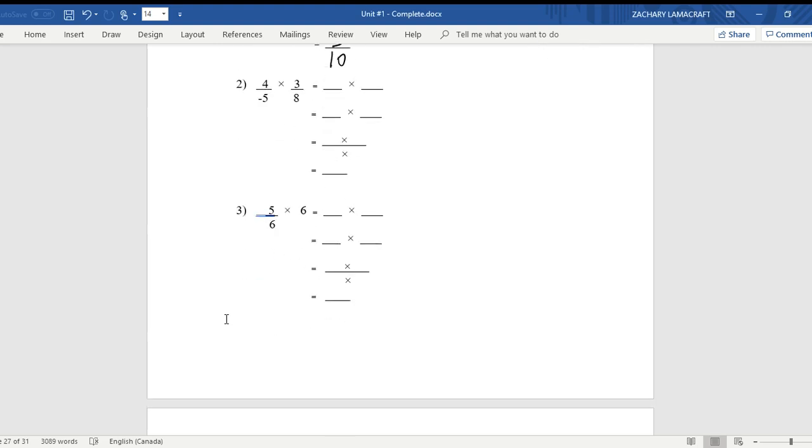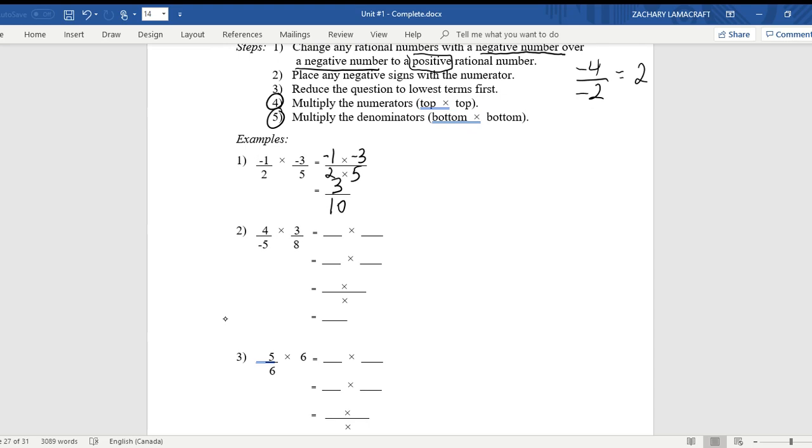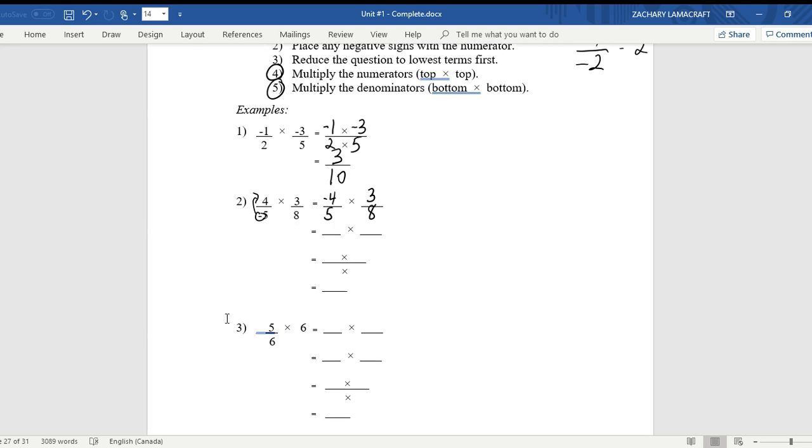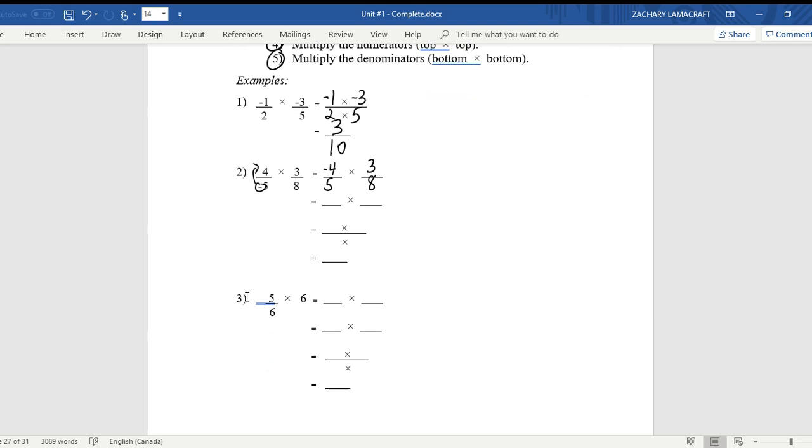If we look at our next example, we have 4 over -5. So we're going to switch that to -4 over 5. Remember, we always bring this up to the top number. And then we have 3 over 8. So neither of those we can reduce right away, but we can kind of skip this step and we'd get -4 times 3 and 5 times 8.